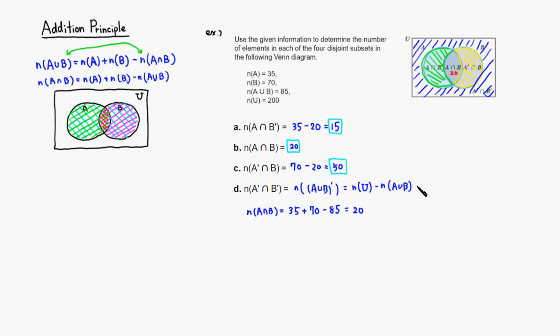The total would be 200, and you're subtracting the union, 85. So this is going to be 115. That's the answer for part D. All right, that's it. I hope that this was clear.